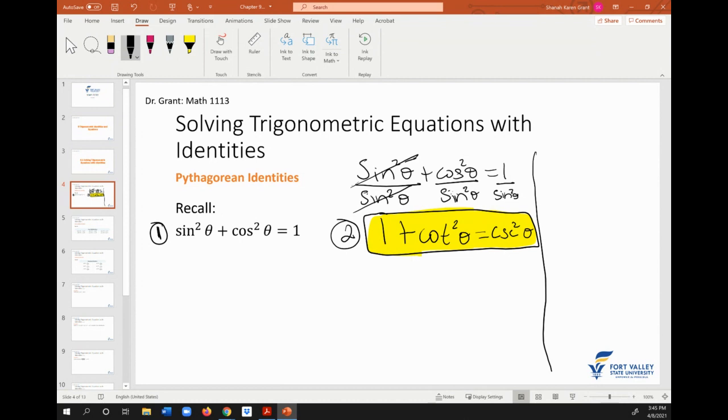Now we can go back to the original sine squared theta plus cosine squared theta equals 1. Now, instead of dividing by sine, I'm going to divide by cosine squared theta on each side.